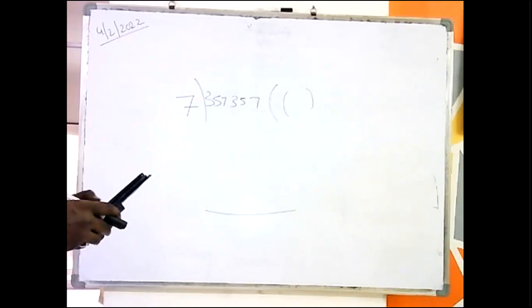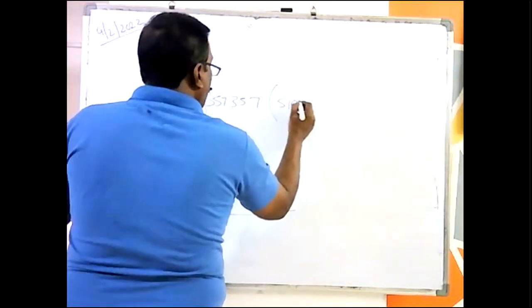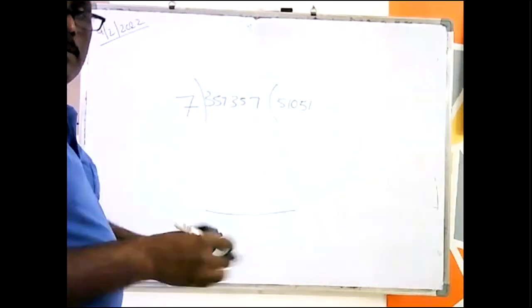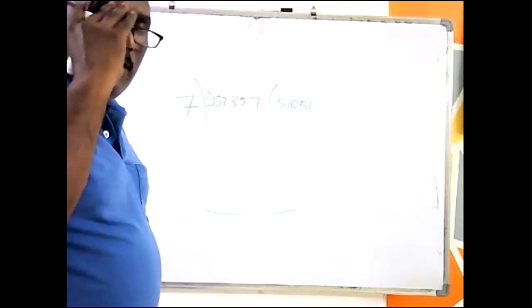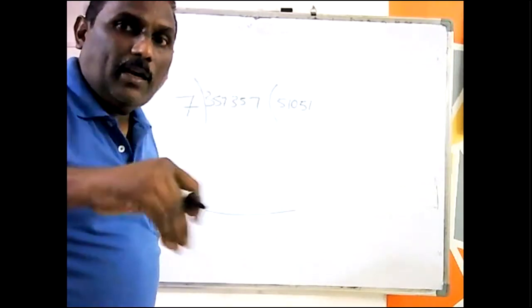Suchita has taken 357, wrote 357 again, divided by 7. This question I will do with one example. It's a lengthy question. You can try later.